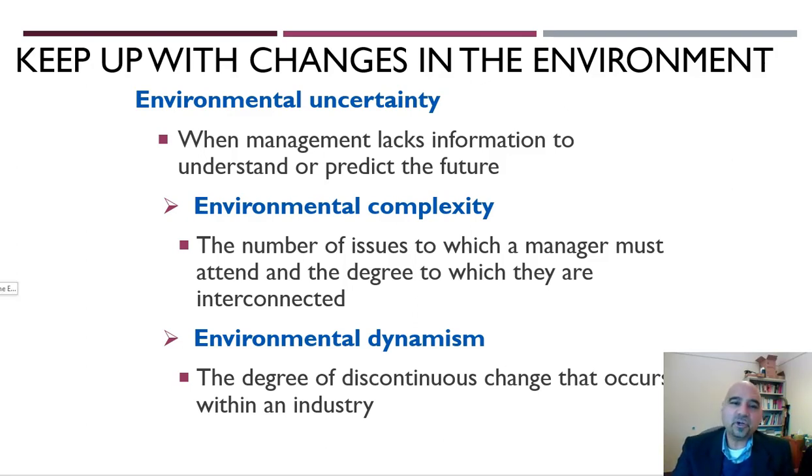And so some of these terms that we think about are environmental uncertainty. Really not having enough information to know what we don't know. And being aware of how complex the environment is and the degree in which everything is interconnected.